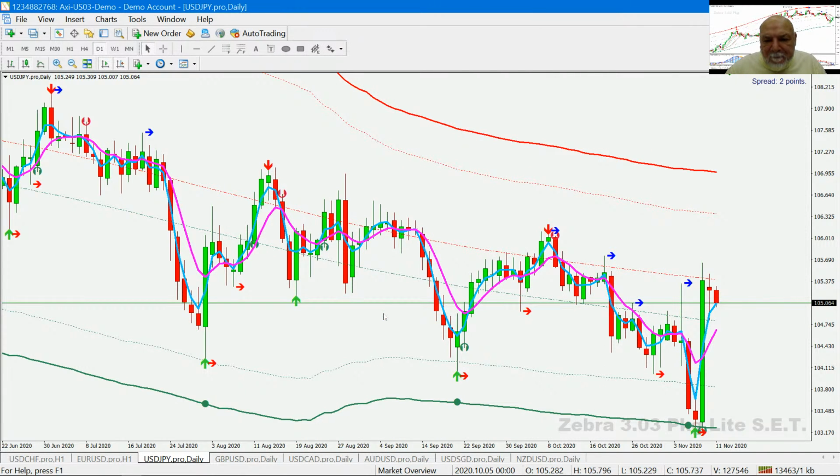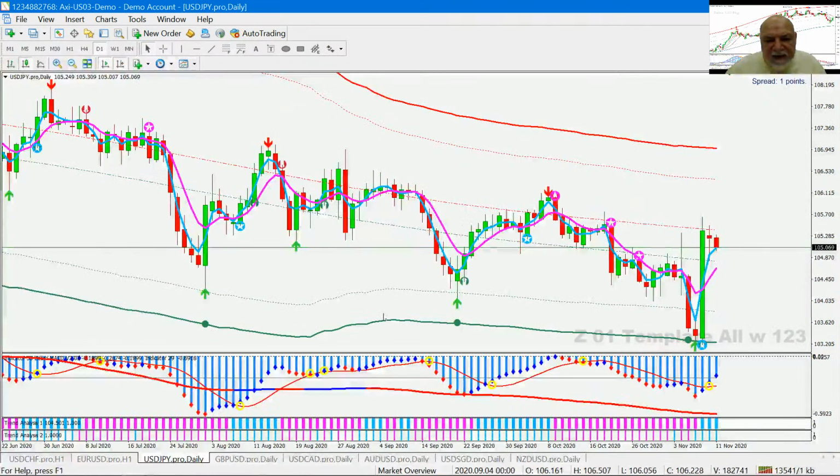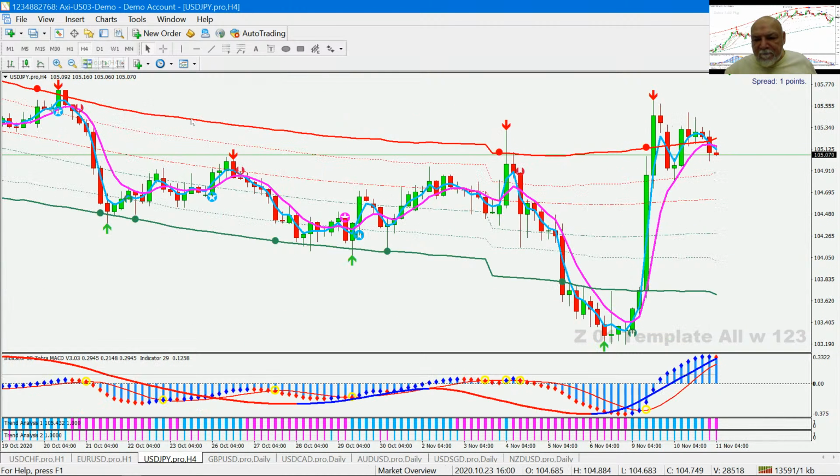All right, so let's see if we can get this to come up. Here it is. All right, so again, look, we're trading in the center on the daily, so I'm not interested in that. Let's go ahead and look at the 4-hour. Bring up the 4-hour chart.